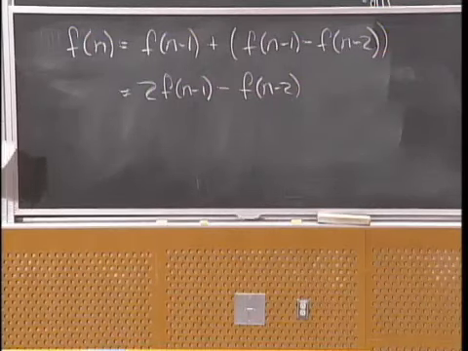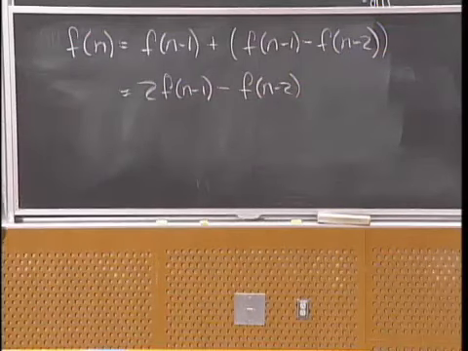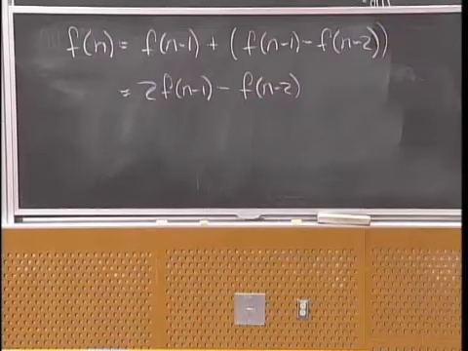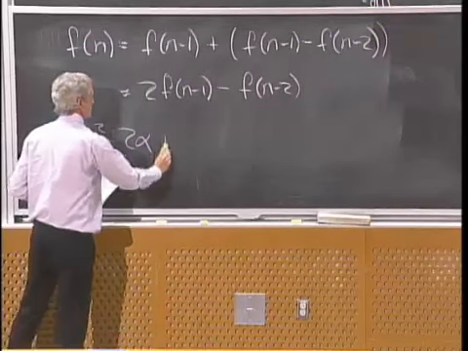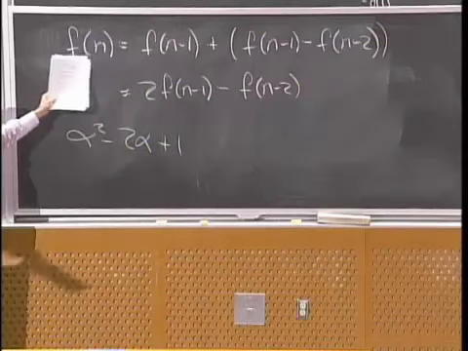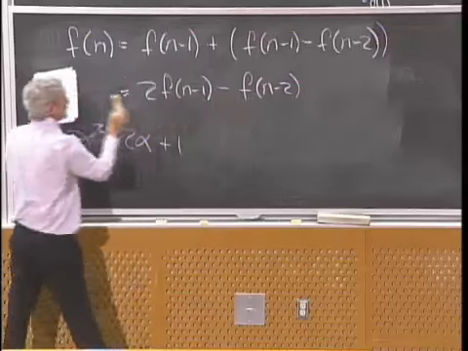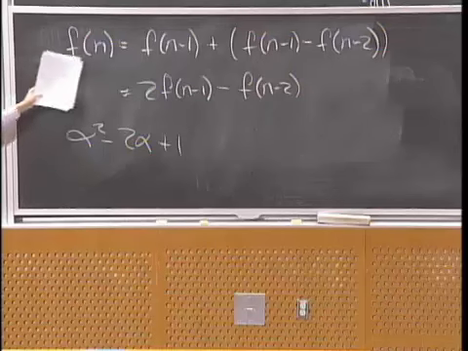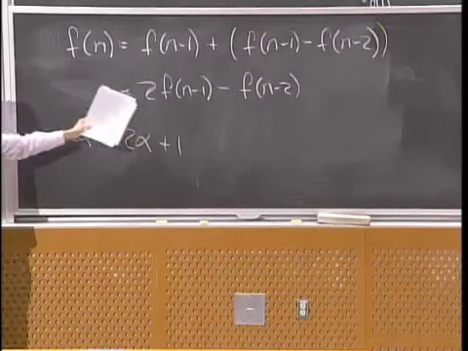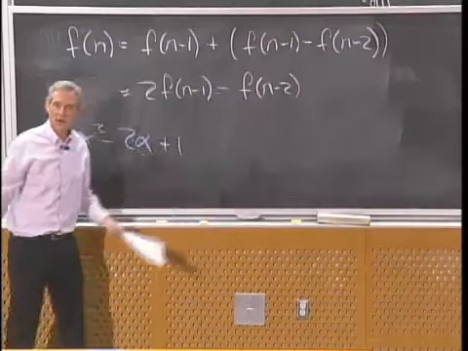Okay. What's my characteristic equation for this recurrence? Yeah? Yes. Okay. Alpha squared minus 2 alpha plus 1. All right, we jumped to that answer. I could have written down alpha to the n equals 2 times alpha to the n minus 1 minus alpha to the n minus 2, and then divided by alpha to the n minus 2.